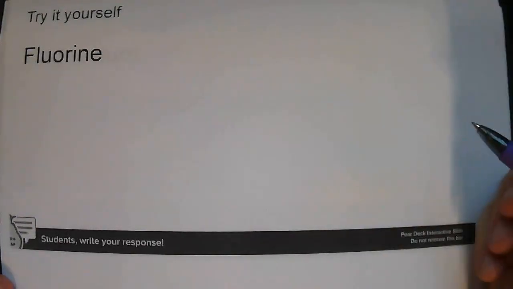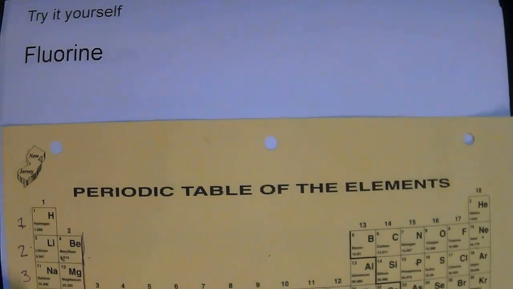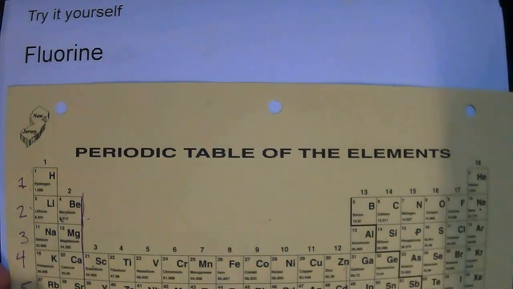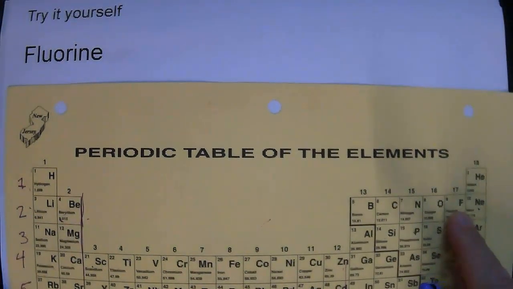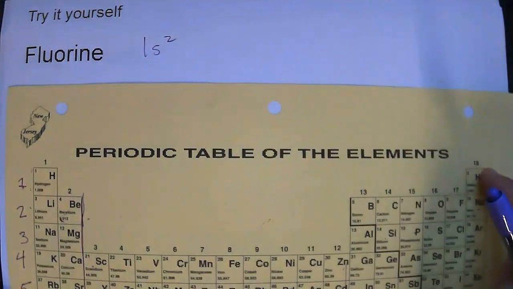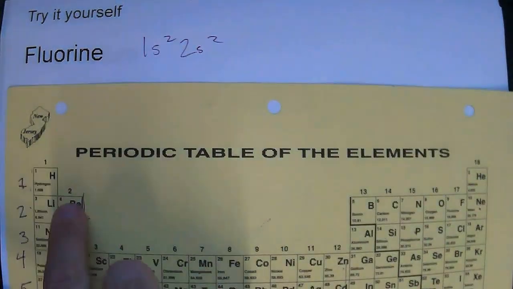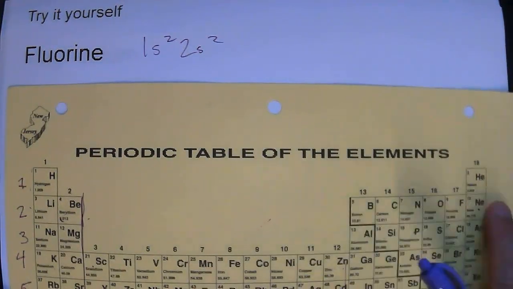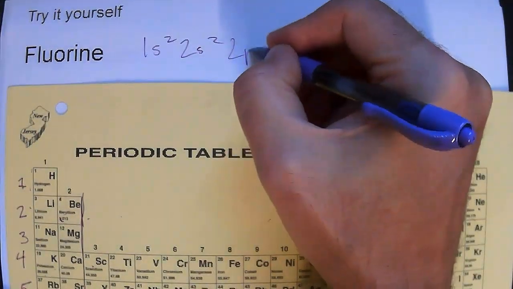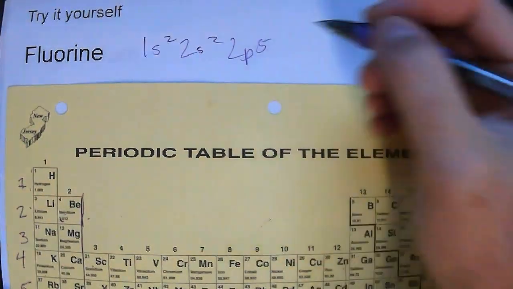Fluorine. You can pause it, get out a periodic table, and do it up. Here's fluorine. Again, we're going to start at 1s2, and we come down to 2s2 in the S block. We make the big jump to here. This is 2p, 1, 2, 3, 4, 5, 2p5.